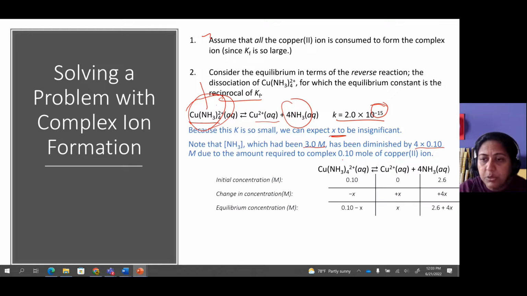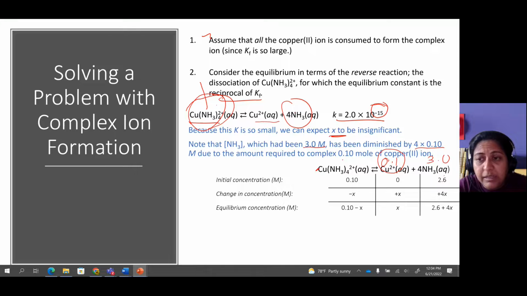Right. So therefore, it started at 0.1 and 3.0, so copper is the limiting reagent. That will be entirely consumed to make this copper complex.